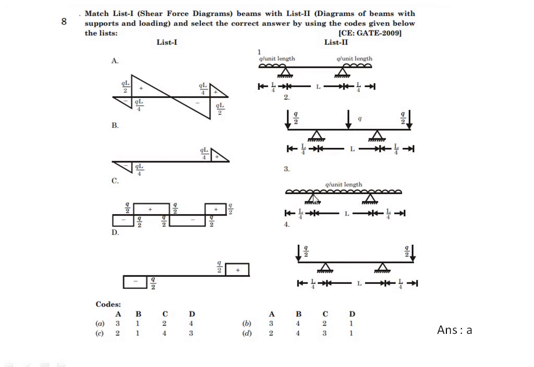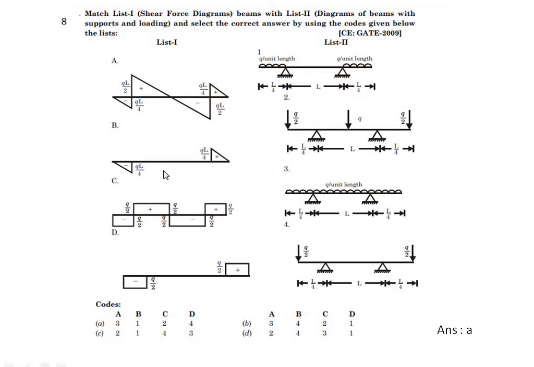That is, in the third, between the supports we are having a UDL, and due to the reaction at this point, again you are having a surge in the shear force diagram, and then due to this loading it comes back to 0. So very well we can confirm that for A it is 3. So the answer for A is 3, which is given in options A and B. So you can very well disqualify answers C and D from your options. Now answers A and B are in the list.